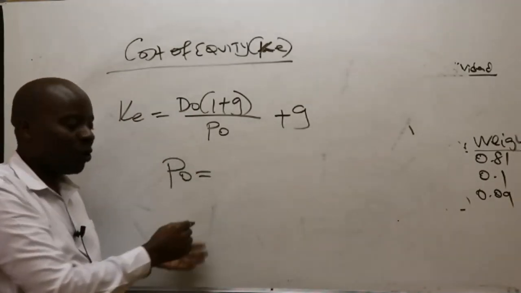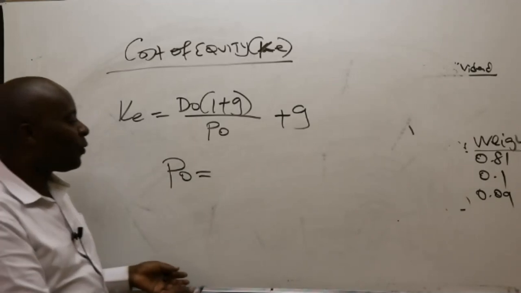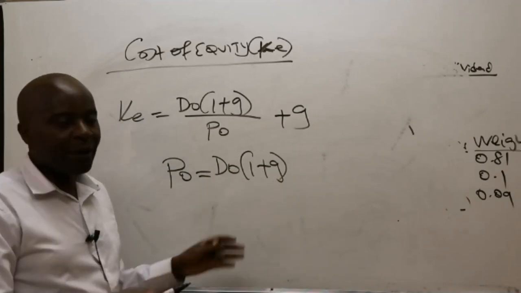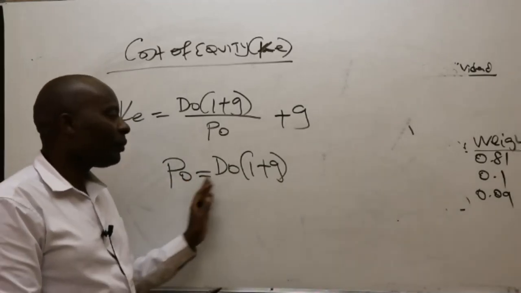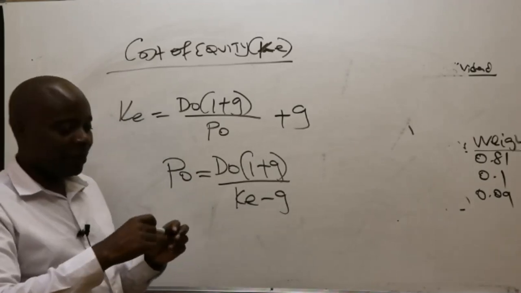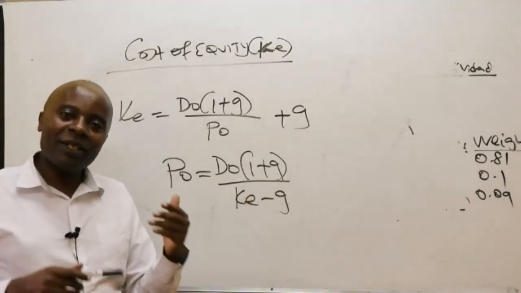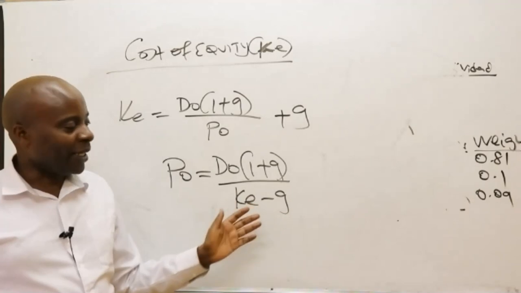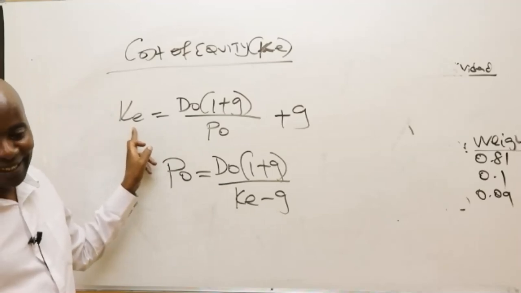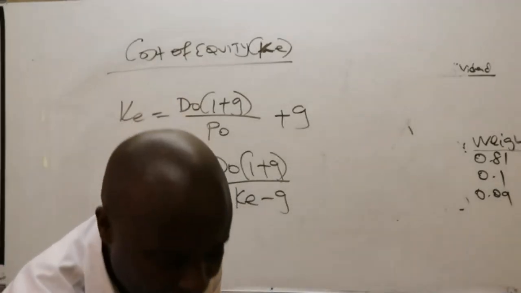This formula of PO, the price of the share. This formula is very important, where our PO will be equal to DO into 1 plus G, over Ke minus G. If you try making Ke the subject of the formula, you'll end up with this equation. This is a very important formula.